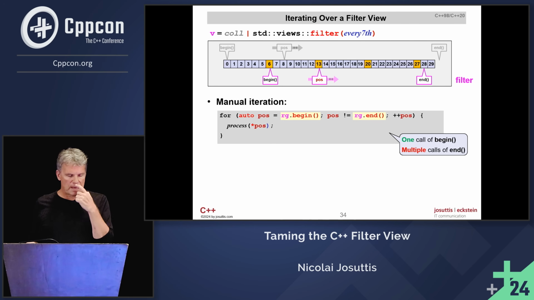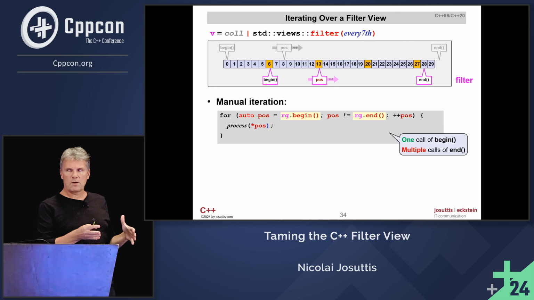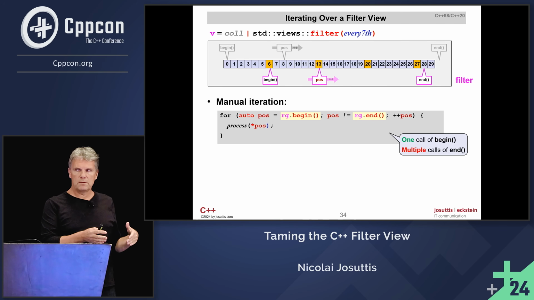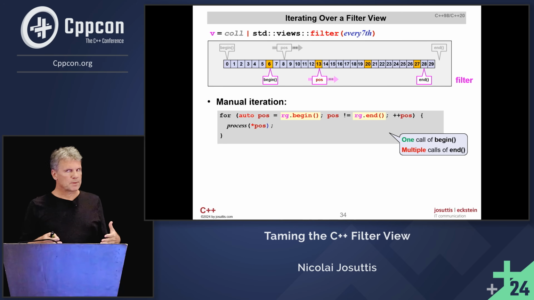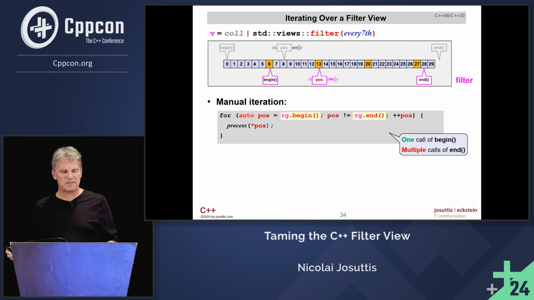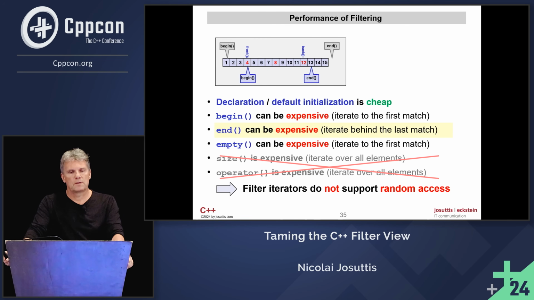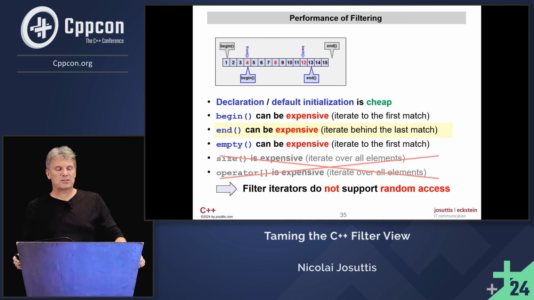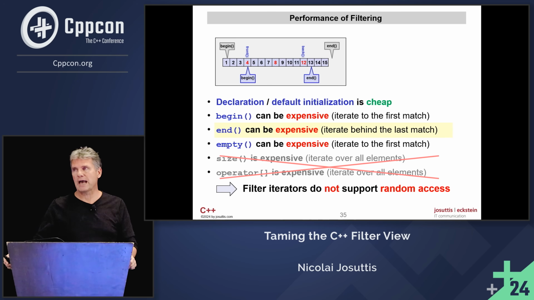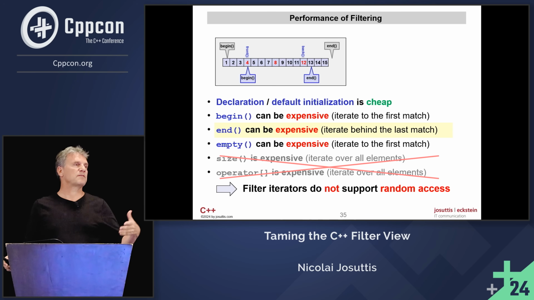Well, no, let's look at that at the beginning. As we saw, begin is the position of the first element, and end should be the position behind the last element. We argued, well, end can be expensive. Well, we can do a trick. We can cheat. And we do that in the filter view. And that is, end is not the position behind the last element.